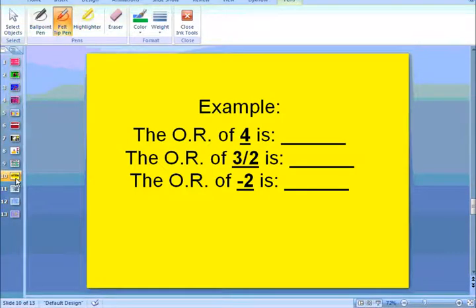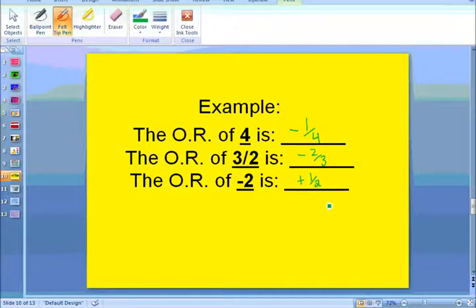For example, the opposite reciprocal of 4. Opposite means we're going to change the sign. Reciprocal means we're going to flip the number. So instead of 4, negative 1/4. The opposite reciprocal of 3/2 is going to be negative 2/3. The opposite reciprocal of negative 2 is going to be a positive 1/2.